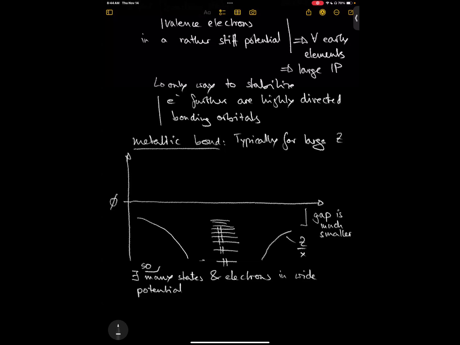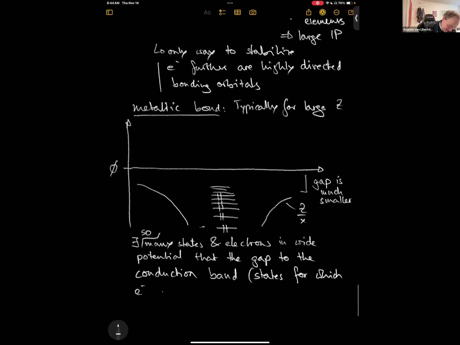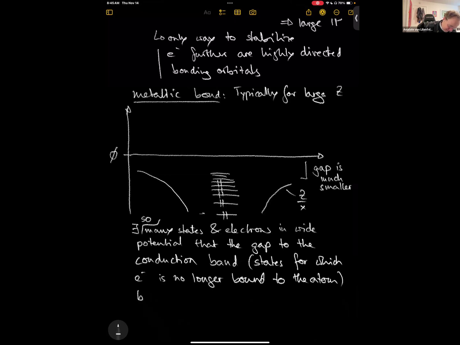Actually, there are so many that the gap to the conduction band, which means states for which the electron is no longer bound to the atom, becomes zero. Okay.